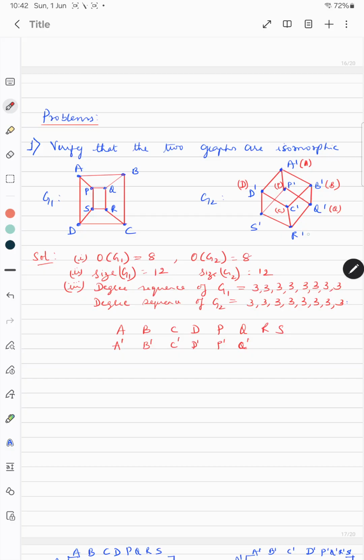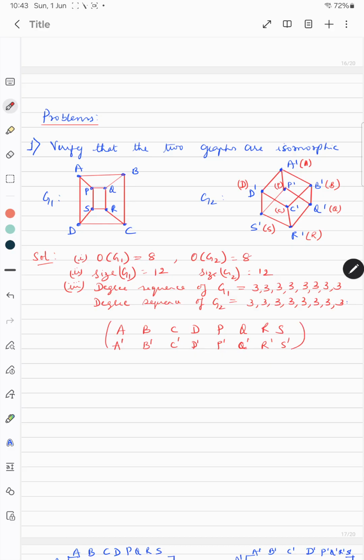And therefore, R dash corresponds to R and S dash corresponds to S. R corresponds to R dash, S corresponds to S dash. So we have seen a one-to-one correspondence between the vertices.